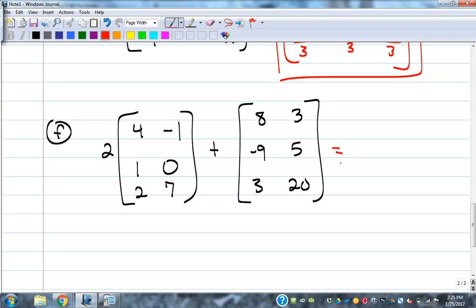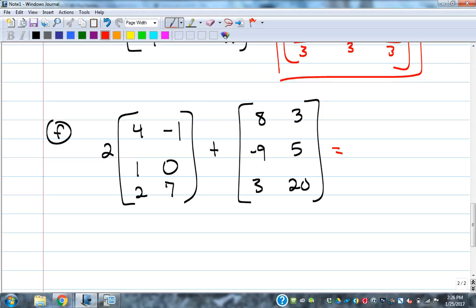Okay, so it's just an arithmetic problem. It's just doing numbers here. You can do it with the calculator if you want to. You could put in this is matrix A and this is matrix B, and then get your calculator to do 2 times matrix A plus matrix B, and it would crank out the answer. I don't want to waste the time typing it in because I can probably do that in my head quicker.